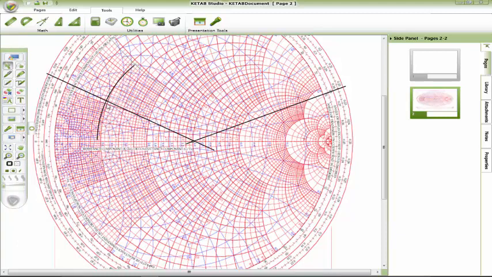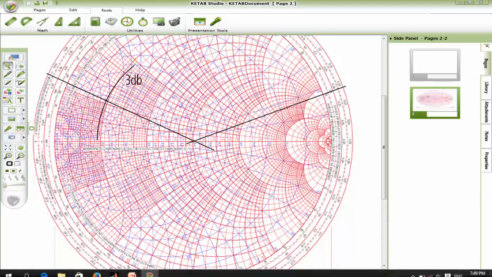So this is the intersection between this line and the center. So here we have the center. This is a point which has a 3 dB gain.